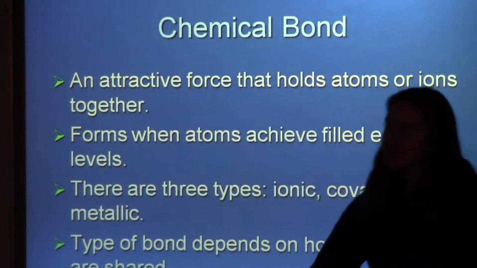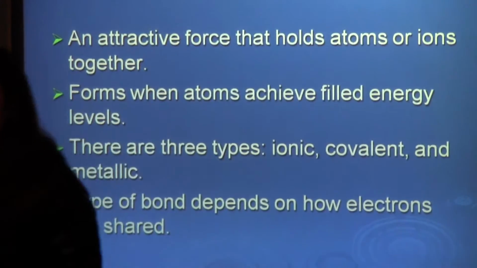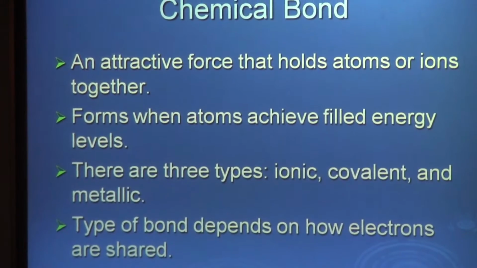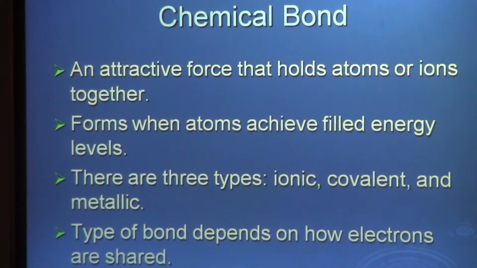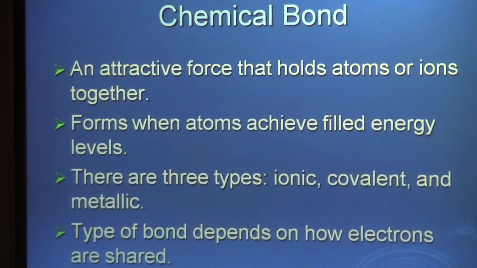And the first thing is any chemical bond. This is not true for just ionic, it's any chemical bond. You're looking at having some type of attractive force that holds the atoms or ions together. Any chemical bond is going to have some type of attractive force. It forms because those atoms are finding a way to achieve those filled energy levels.